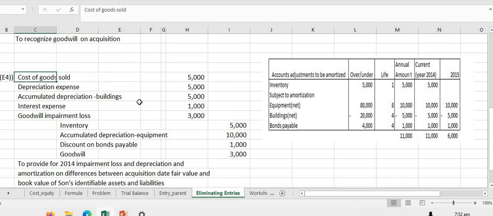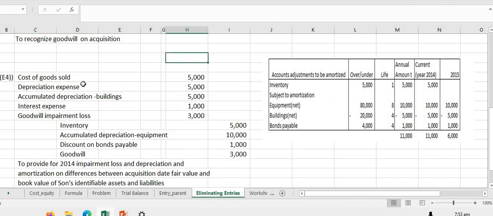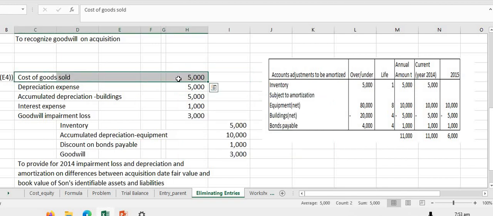In relation to inventory, since we're using FIFO, if we assume that the inventory that existed at the date of acquisition was sold on December 31, 2014, then since our inventory was undervalued, the cost of goods sold is also undervalued. So recognize cost of goods sold at 5,000.